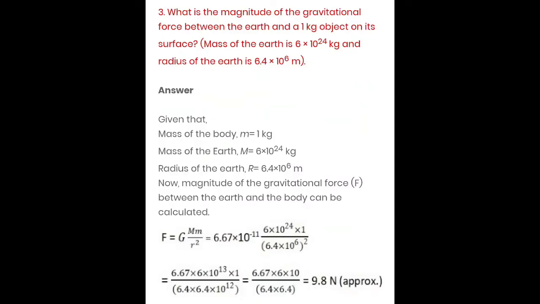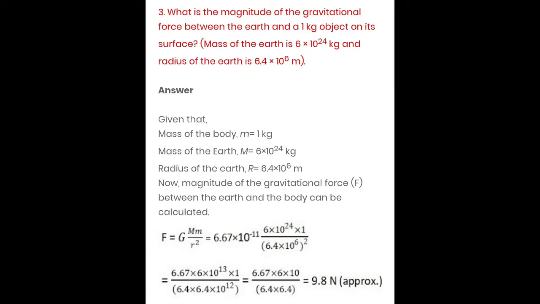See the third question. What is the magnitude of the gravitational force between the earth and a 1 kg object on its surface? So in this question, you have to use the universal law of gravitation. Force F is equal to G Mm divided by r square. So the value of G is known, that is 6.67 into 10 raised to the power minus 11.